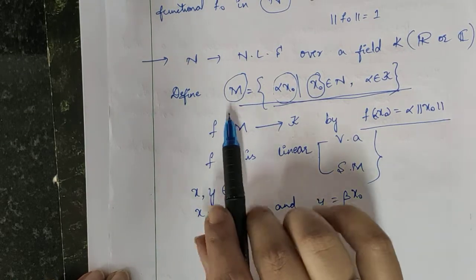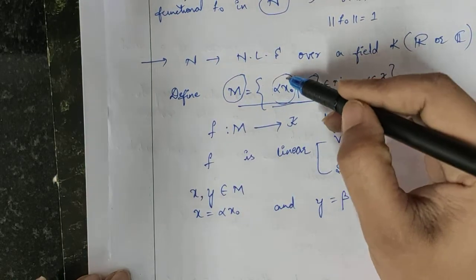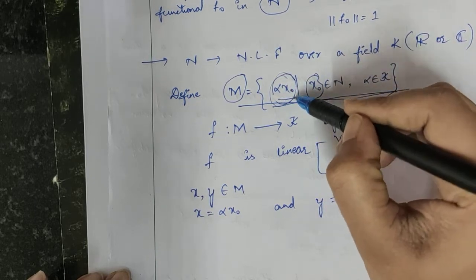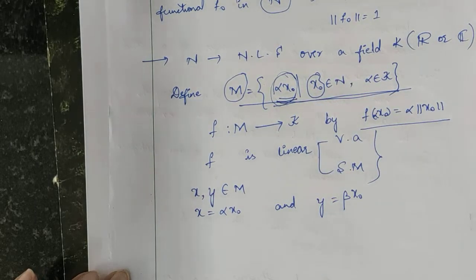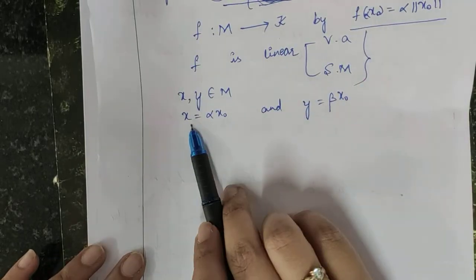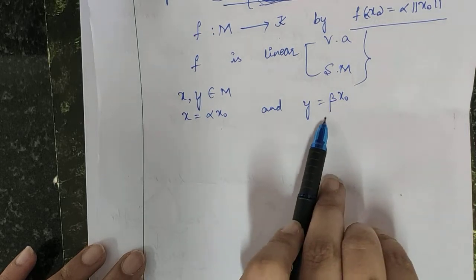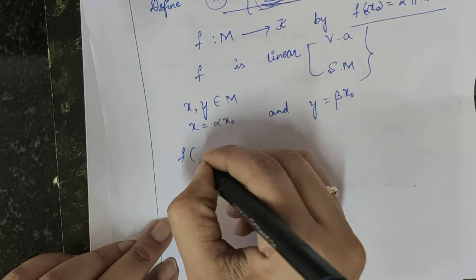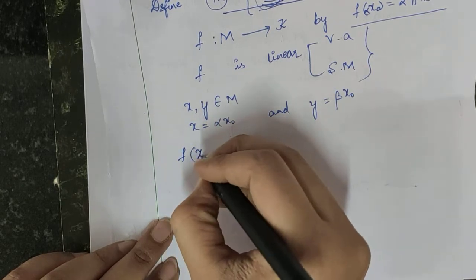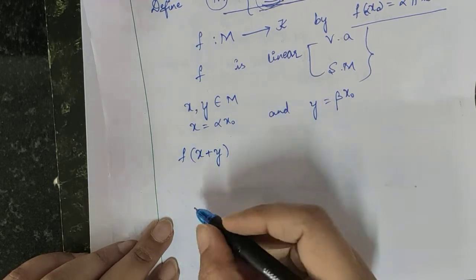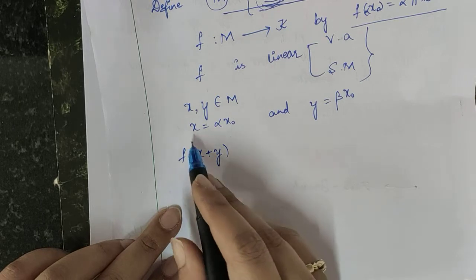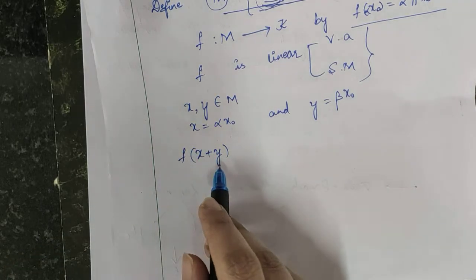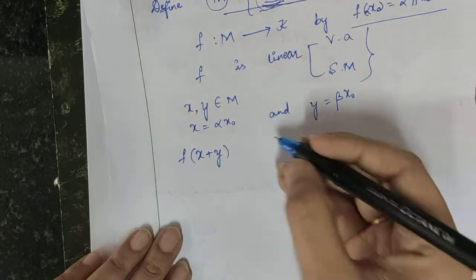Since my vectors are coming from M, I have to define the vectors x and y in this form only. So now how will you prove the vector addition property? F of x plus y, and I have to prove this LHS part is equal to f of x plus f of y, isn't it?